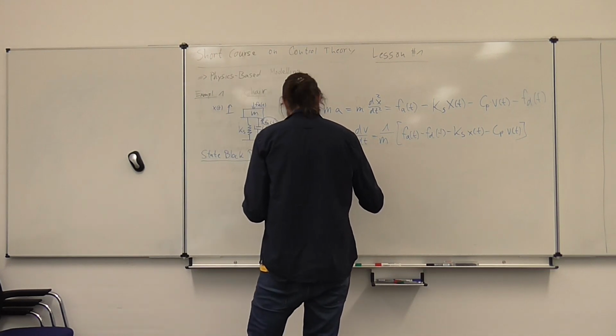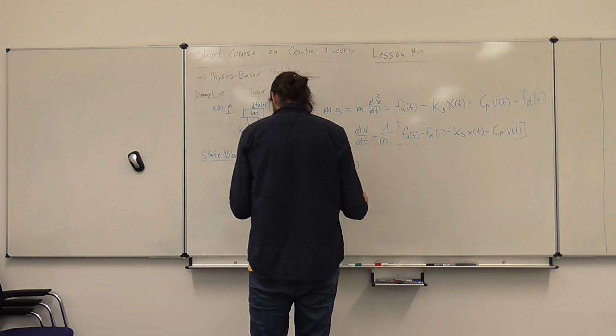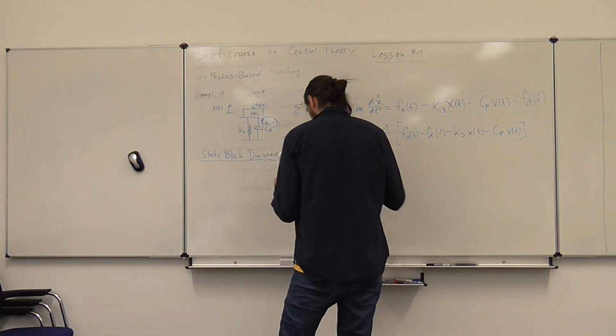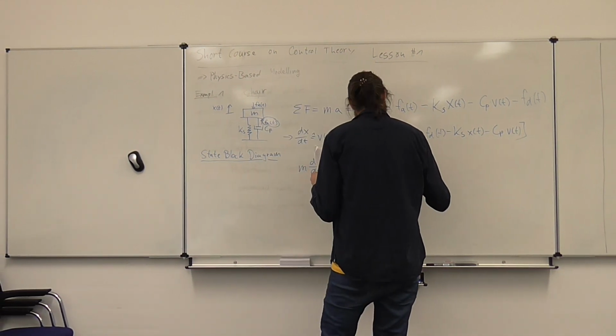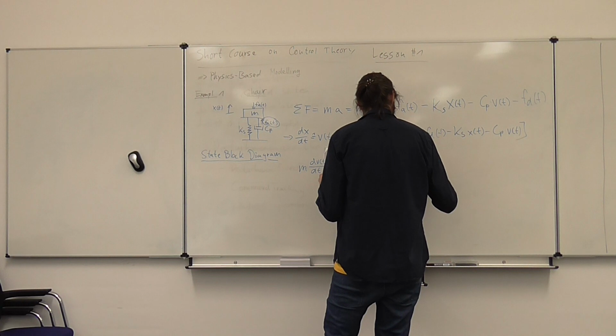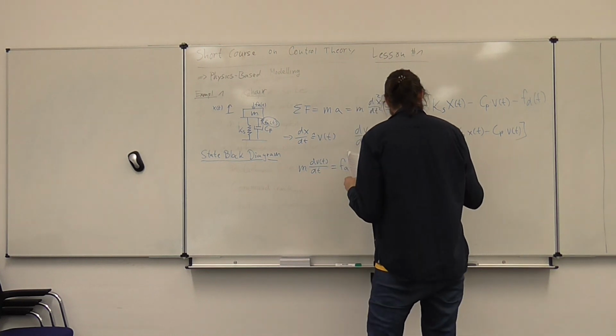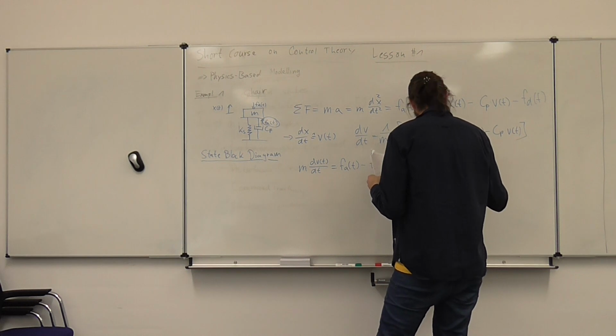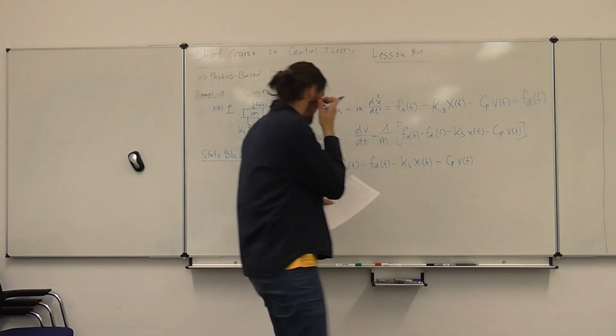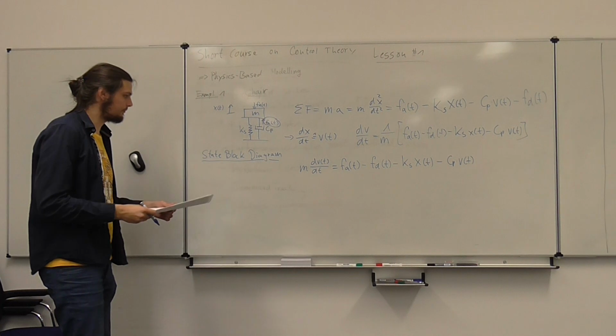Because it makes it so that all our gains in our state block diagram will still be physical. That's also why we call this physics-based modeling, because everything makes a lot of physical sense. That helps to both understand the system and to design it very nicely.